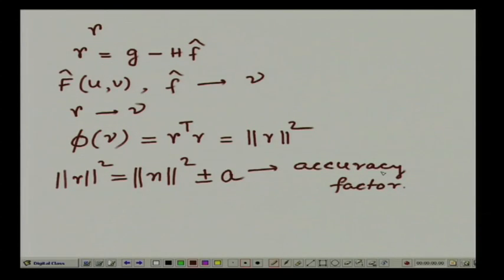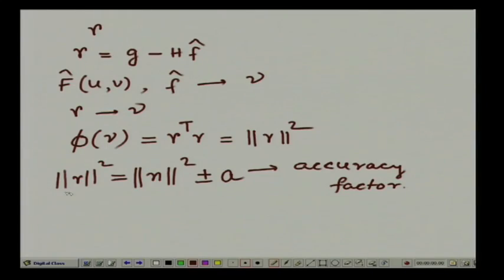Obviously, if r square is equal to eta square, then the specified constant is exactly met. However, that is very difficult. So, you specify some tolerance by giving the accuracy factor a, and we want the value of gamma to be such that the Euclidean norm of r will be within this range.